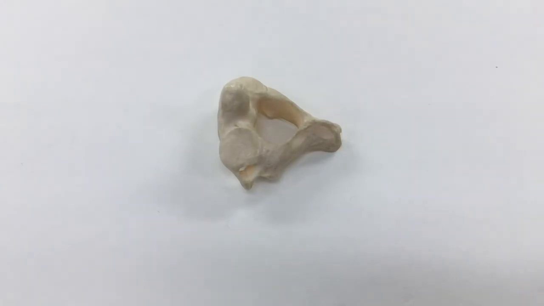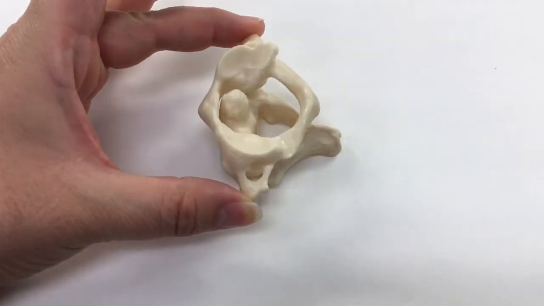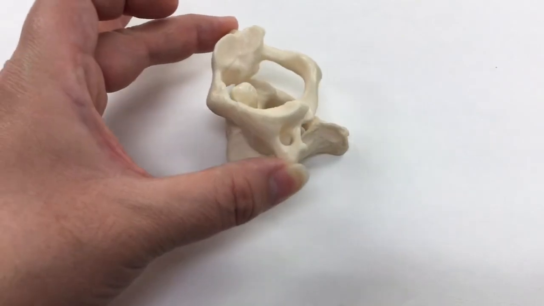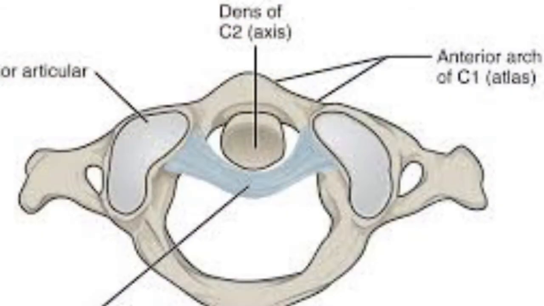This will articulate with the atlas, or C1, as it comes and sits down. You're able to turn your head because of this articulation.